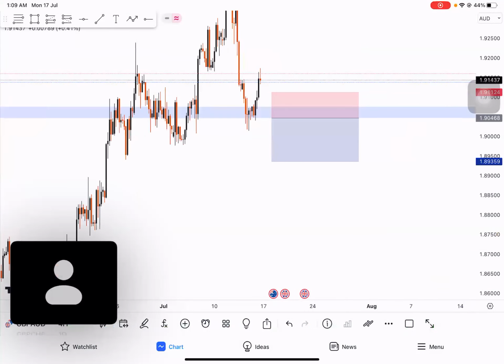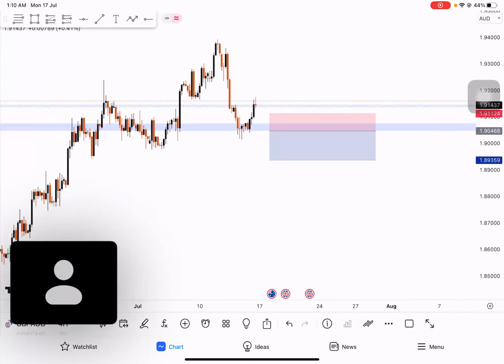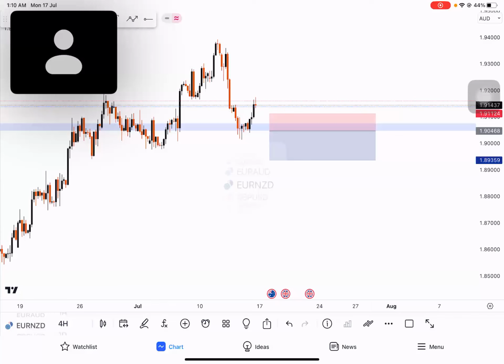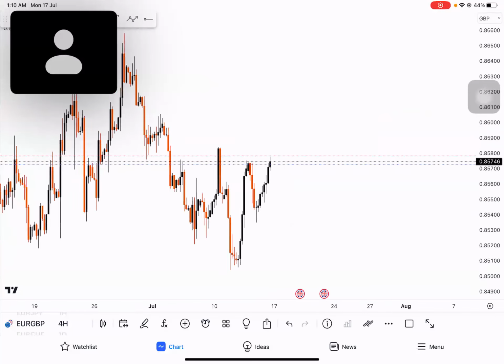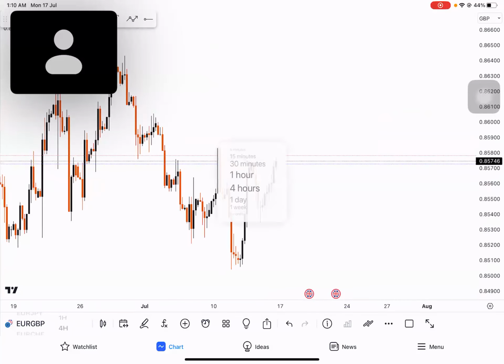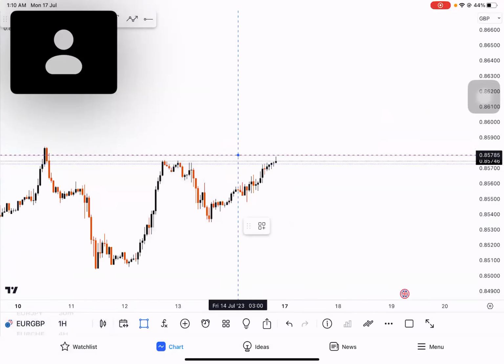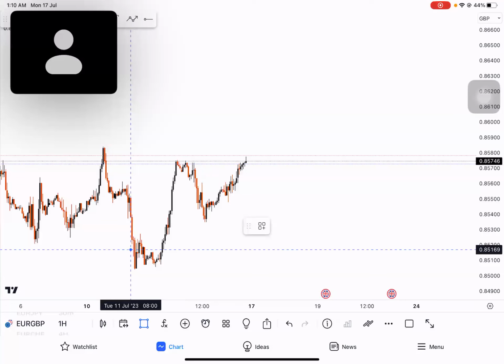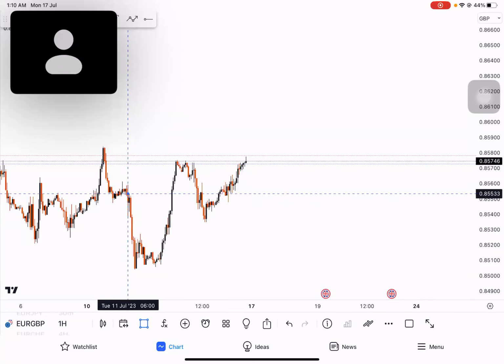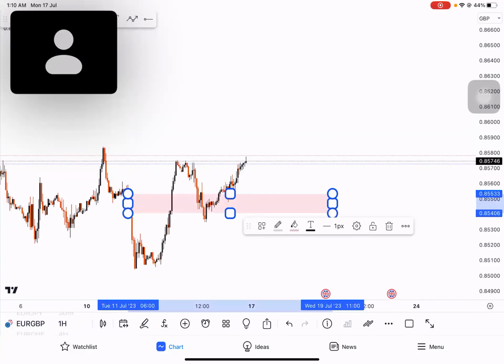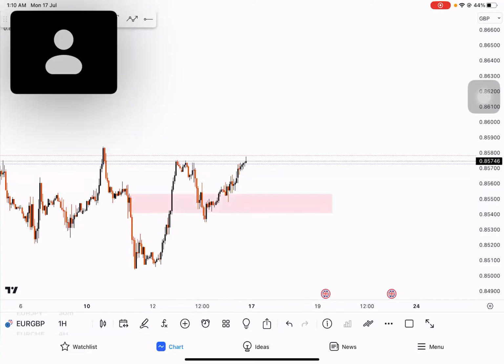For example, this trade on Euro GBP just now, if I'm not mistaken, I would try to enter nearby this zone. Whenever you form the confirmation, like a bullish engulfing somewhere in this area, I try to enter.